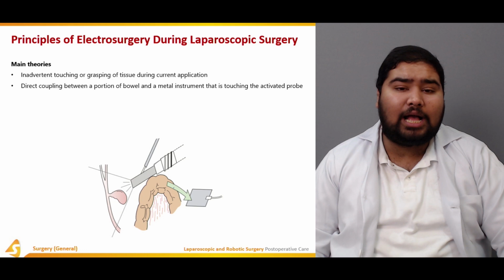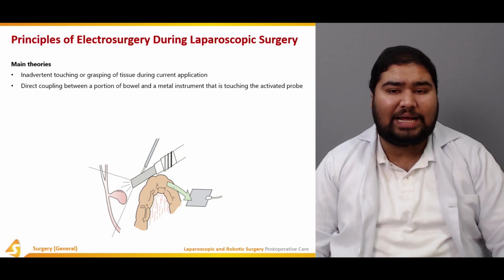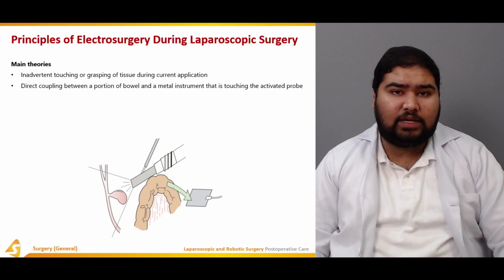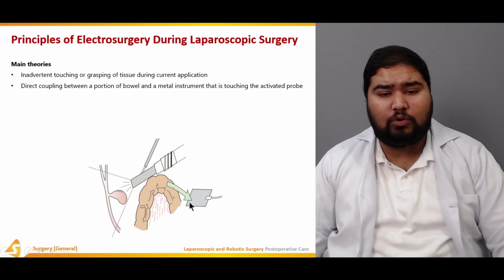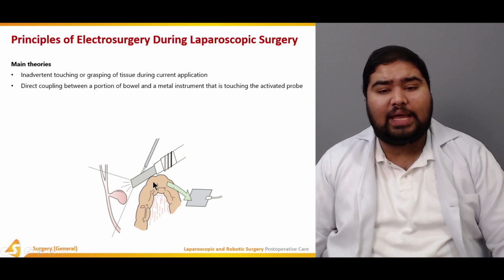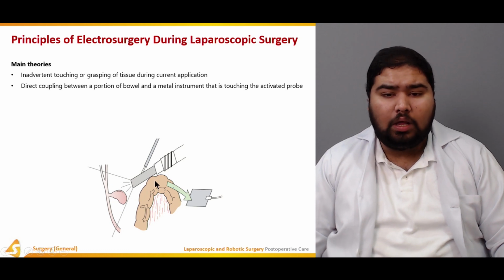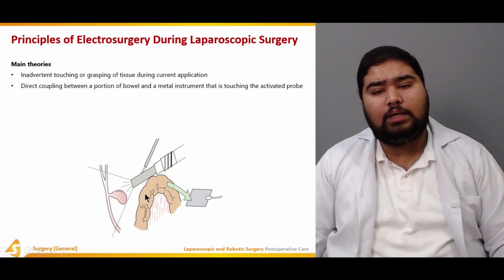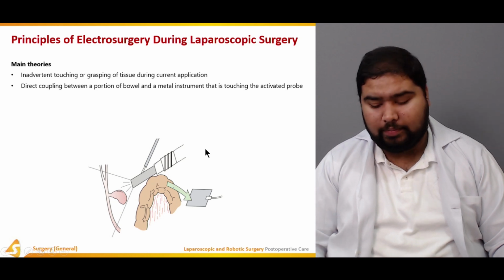Then there's direct coupling between a portion of bowel and a metal instrument that is touching the activated probe. So here you can see this is the activated probe, and there can be direct coupling between the bowel and the metal instrument that is touching the activated probe.